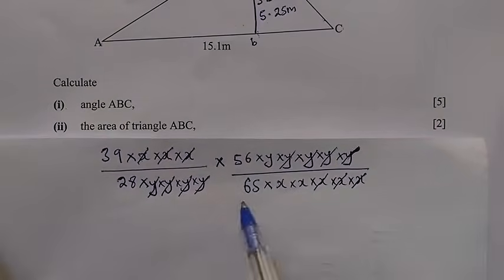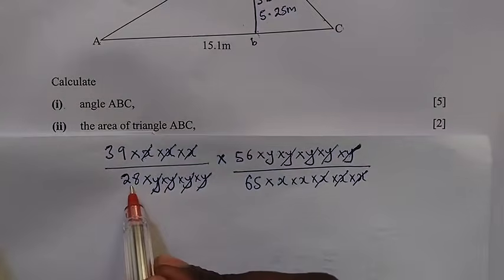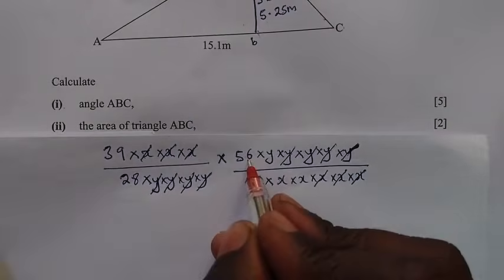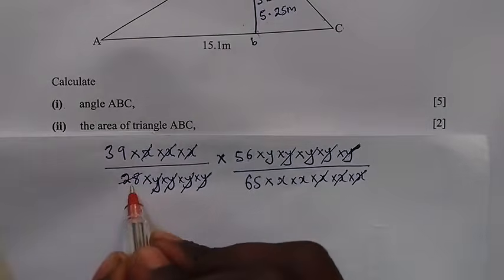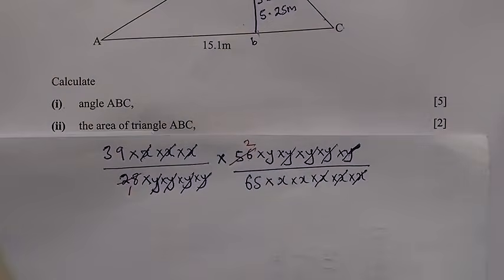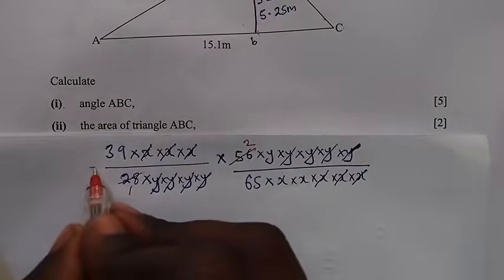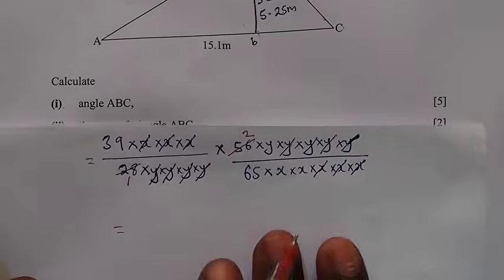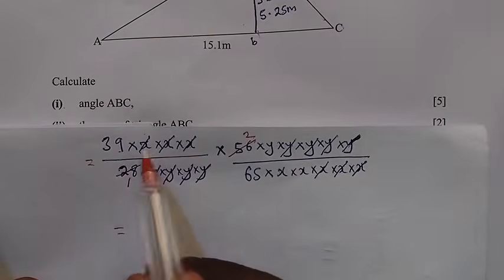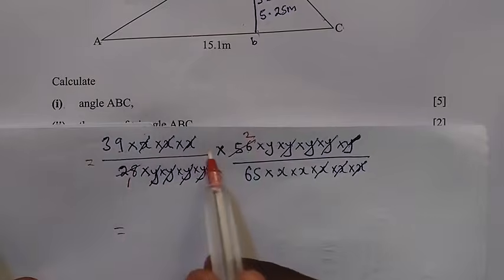Now you look at the numbers. Here you have 28 and here there is a 56. 28 can go into 56 two times. So here 1, here you get a 2. I hope this is clear. Let's write something so that you are not confused. What we are remaining with here is 39. Here there is 1, 1, 1 because we are dividing. 39 times 1 is 39.